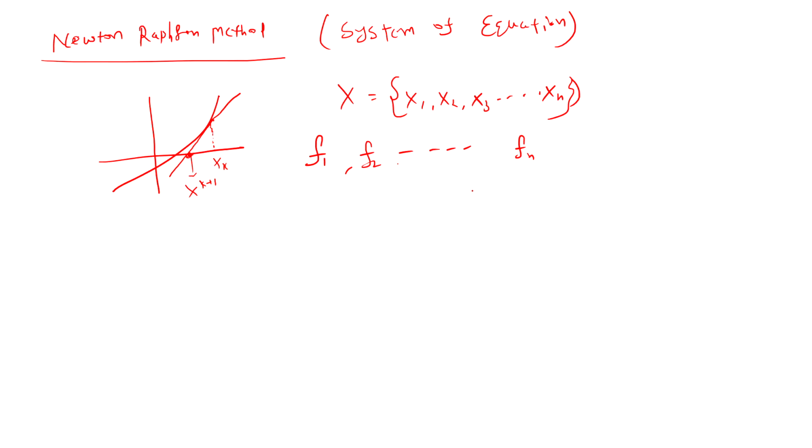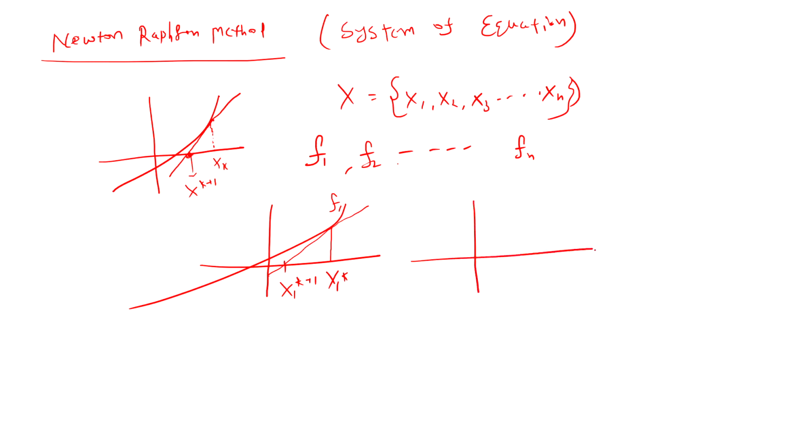So what essentially we are doing, suppose this is my function f1, we will draw the tangent at x1k, and then we will find x1k plus 1. For function f2, suppose this is function f2, we will use x2k, and then we will find this value x2k plus 1.